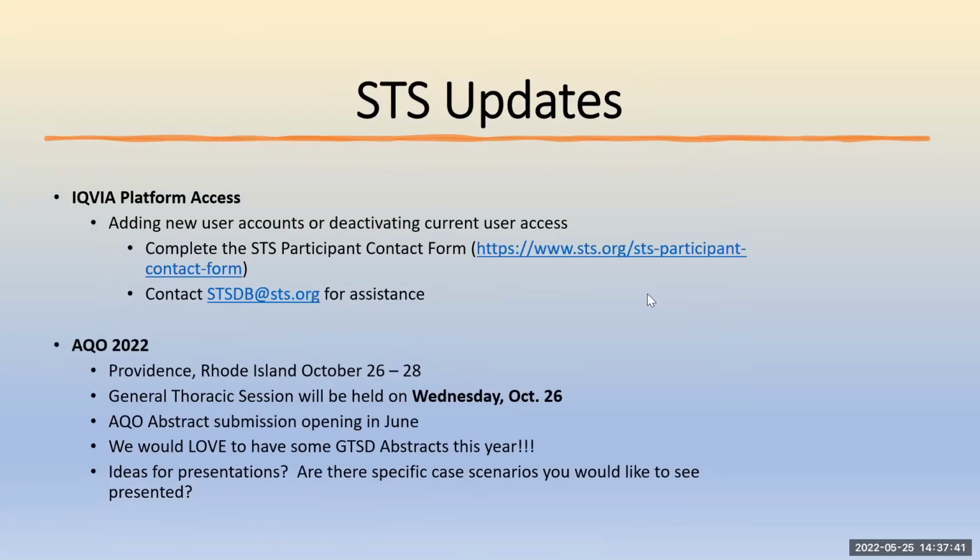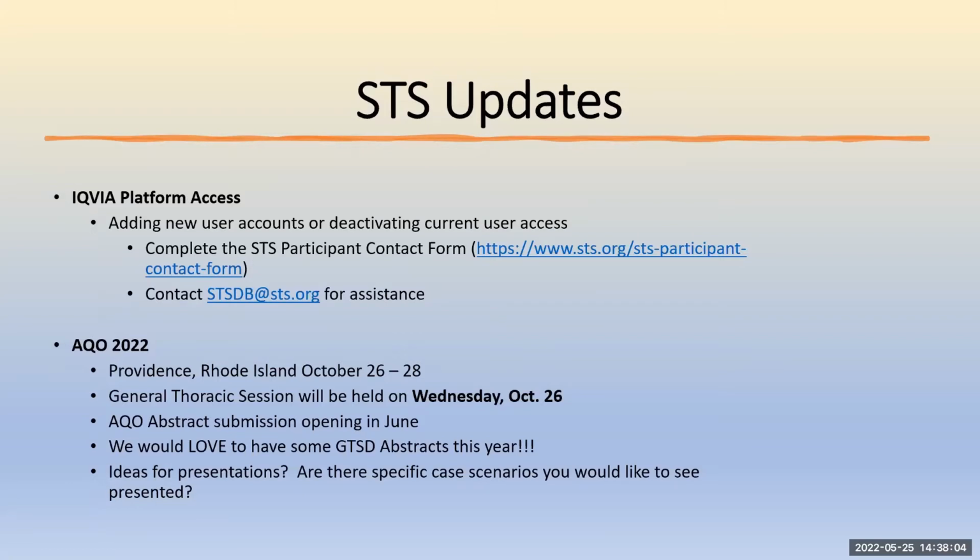Again, for IQVIA platform access, adding new user accounts or deactivating current users, just a friendly reminder to complete the STS participant contact form to initiate that process. Don't go through IQVIA tech support. If you do go through IQVIA, there will be a slight delay, as they'll have to pass you along to us.